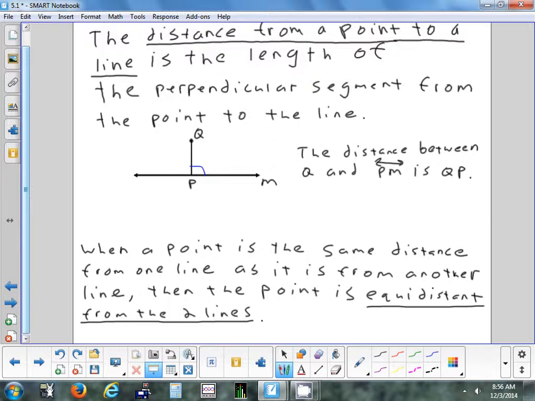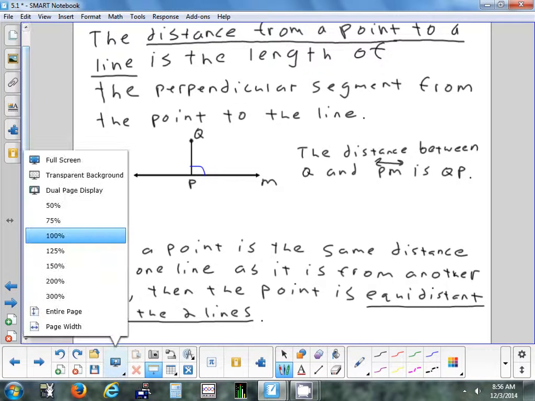And remember, how do you measure the distance between a point and a line? You measure it straight, but you also measure it perpendicular. Any question on that idea of how you measure the distance between a point and a line? Perpendicular.